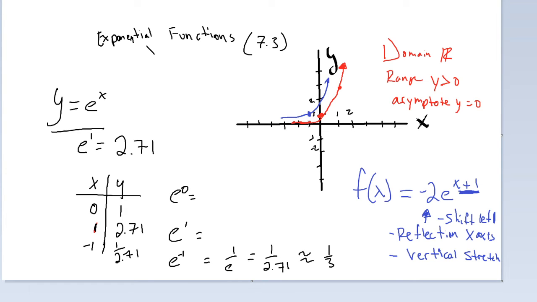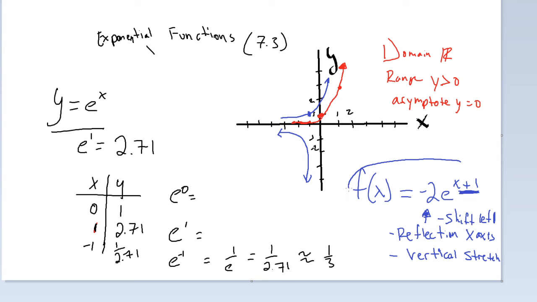Shifted to the left 1 unit, and then a vertical stretch and reflection on the x-axis. It will be something like this. So this will be the new graph.